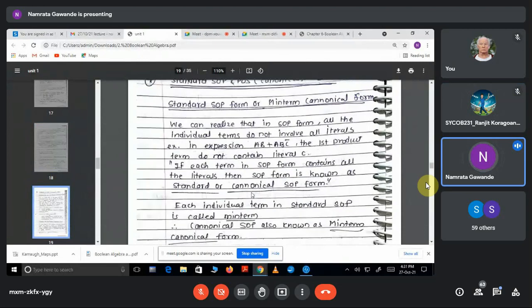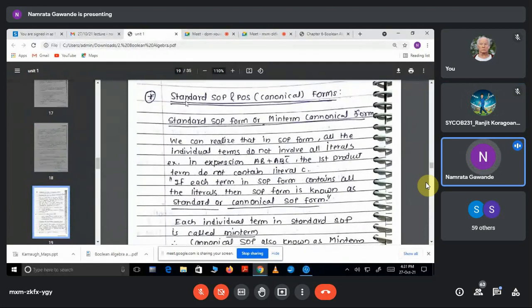Okay. Now the next part is what is meant by standard SOP and POS. Those are also known as canonical form. What is meant by that? First we'll see. Those are also known as min-term canonical form.